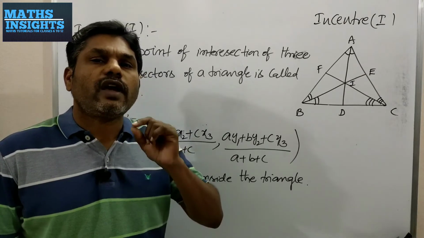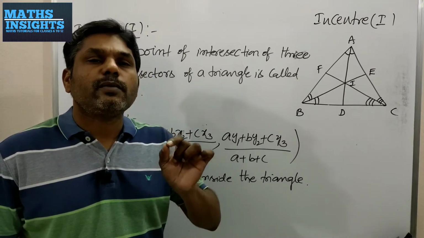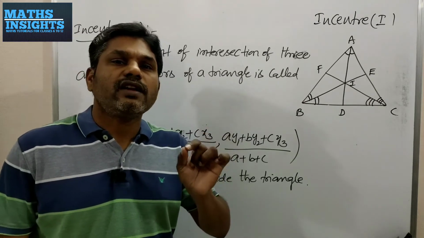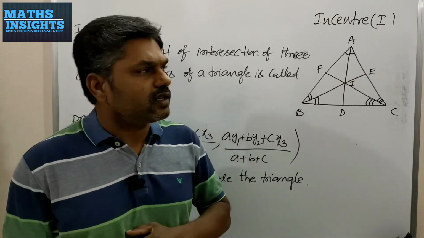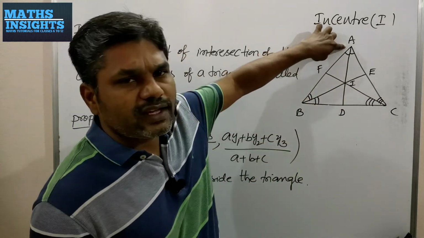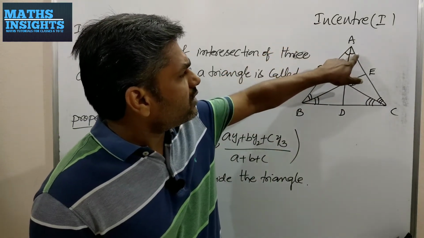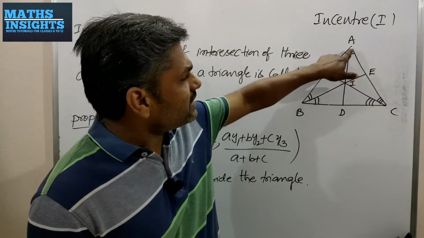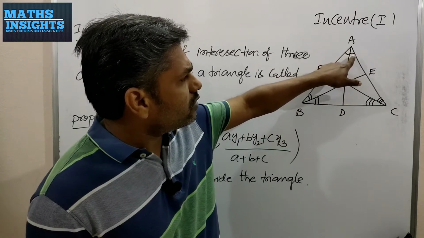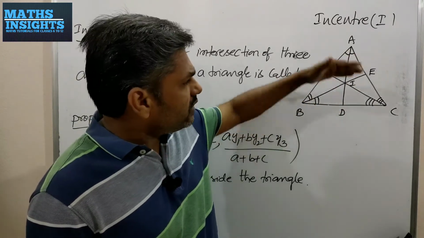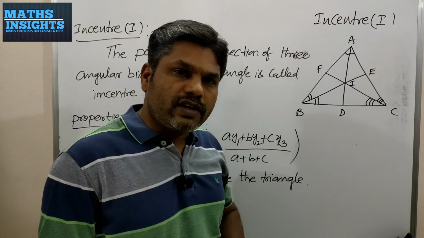The line or line segment which divides the given angle into two equal halves is called an angular bisector. If you observe, they have given angle A, the total angle A, and this line segment divides the angle into two equal halves. That's why this is called an angular bisector.